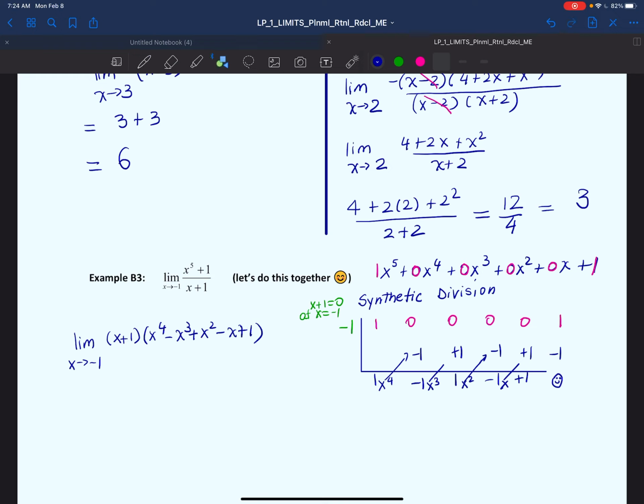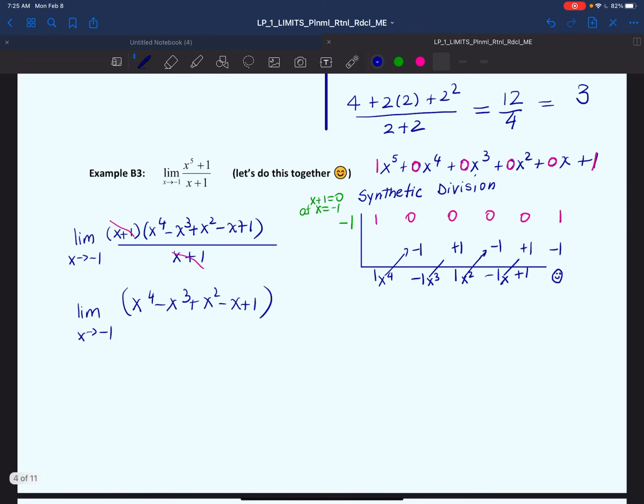And all this will be over x plus 1. So notice how x plus 1 now simplifies so nicely. And we get the limit as x approaches negative 1 of x to the 4 minus x to the 3 plus x squared minus x plus 1. Keep that in brackets to show that the whole expression is inside that limit.